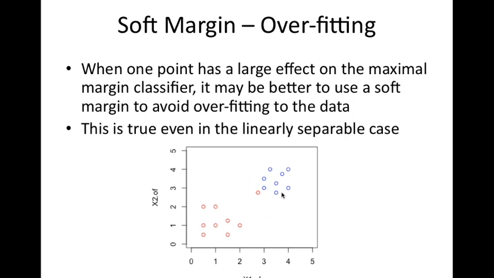So here's some new data that I made up. Here we actually could linearly separate this, and I'm doing this to demonstrate two things: both how you can apply the soft margin to the linearly separable case, and also why you might want to use a different value of C even if you had not linearly separable data.